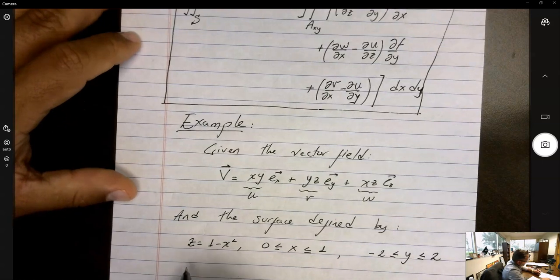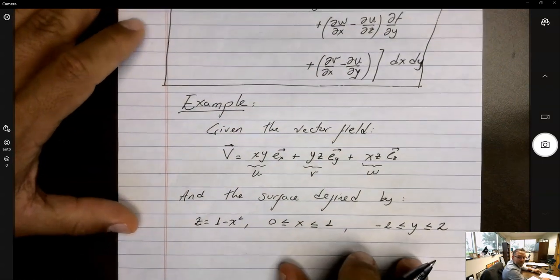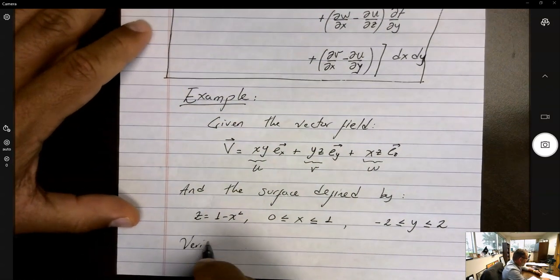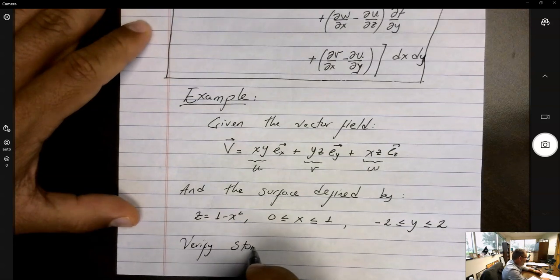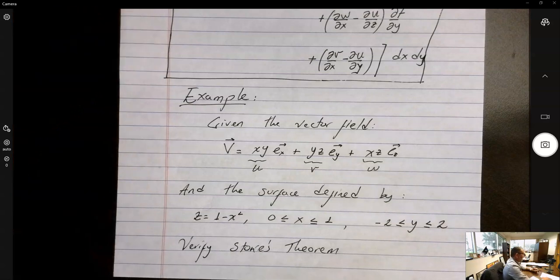Then show or verify Stokes theorem. Again, this is an exercise on the obvious because Stokes theorem always works. We're just going to try to see if we can actually do the integrals on the left and on the right to be able to verify or confirm that it works.